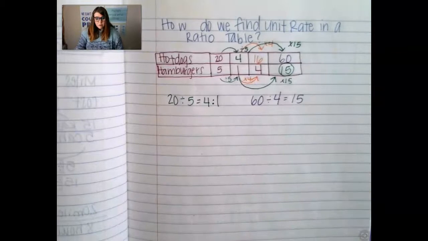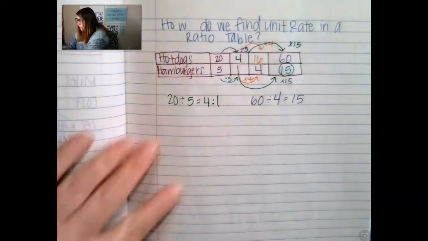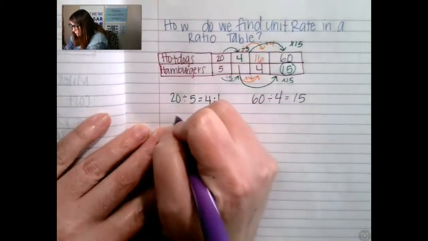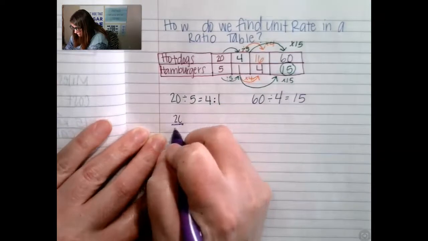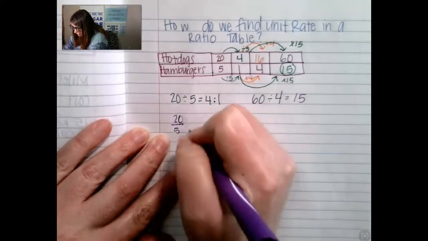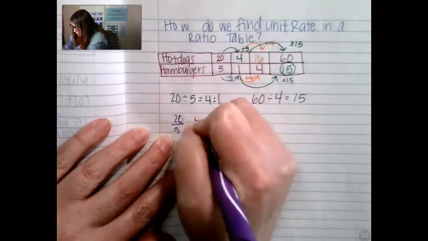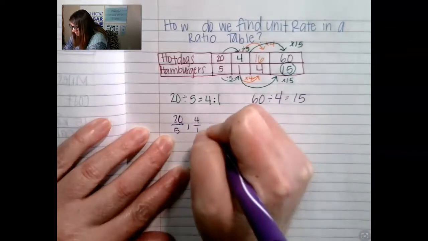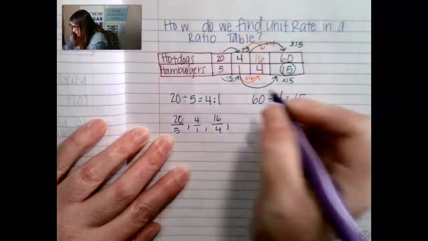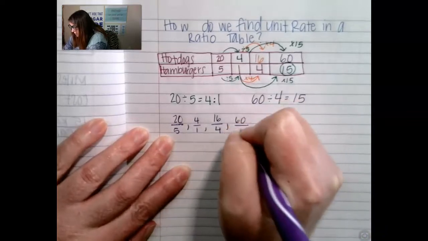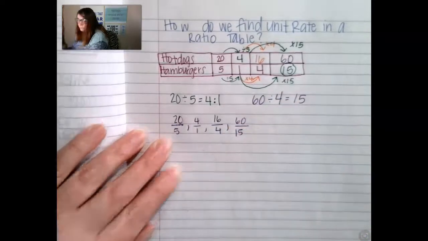So if we were to write the equivalent ratios out of this table, our ratios are 20 to 5, 4 to 1, 16 to 4, and 60 to 15.